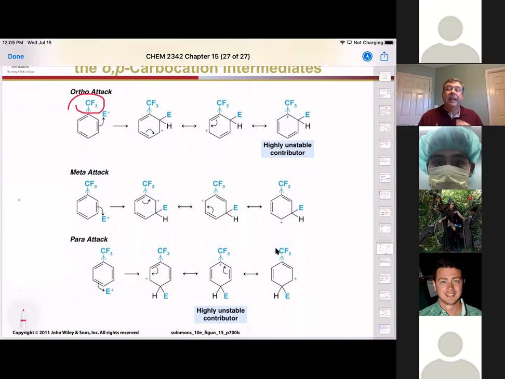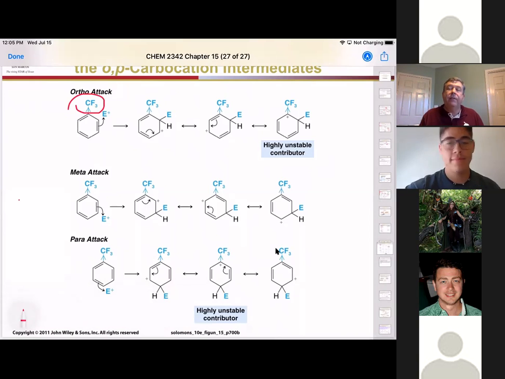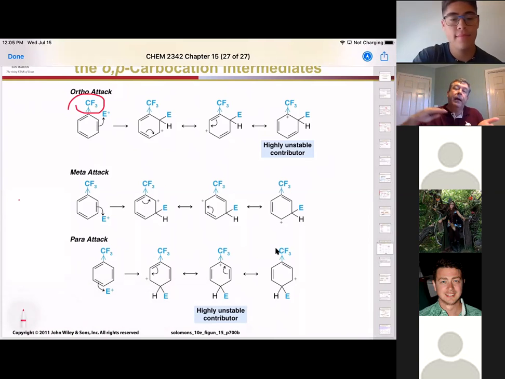Just inherently not having as much electron density above and below the plane of the benzene ring makes it lazy about reaching out for an electrophile. That's our first step of inherent deactivation.